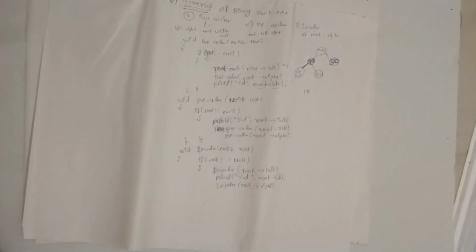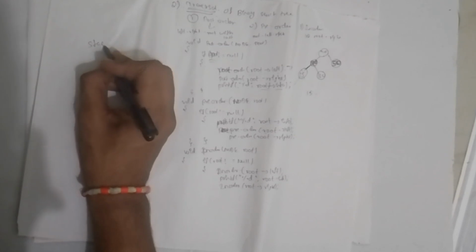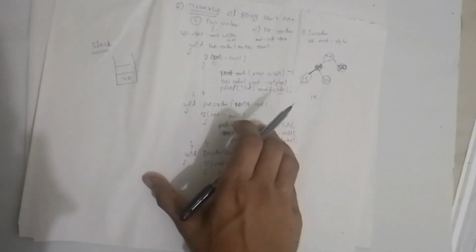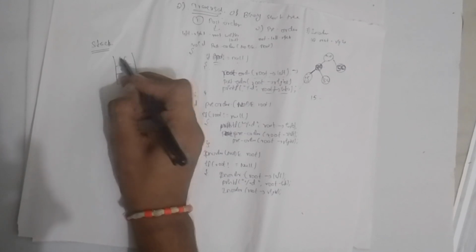How that recursive function will work, I will write a stack representation. First 40 will be pushed, and next 20, because we are traversing left we need to push all of them, and next 15.